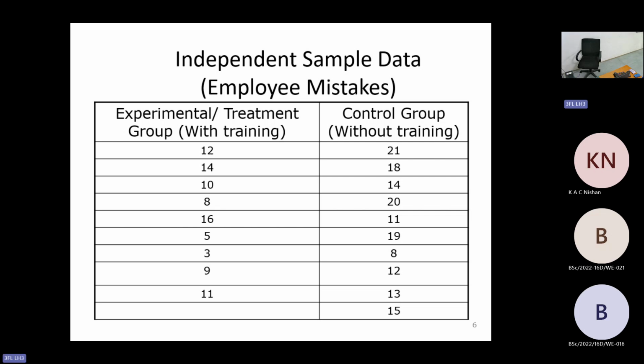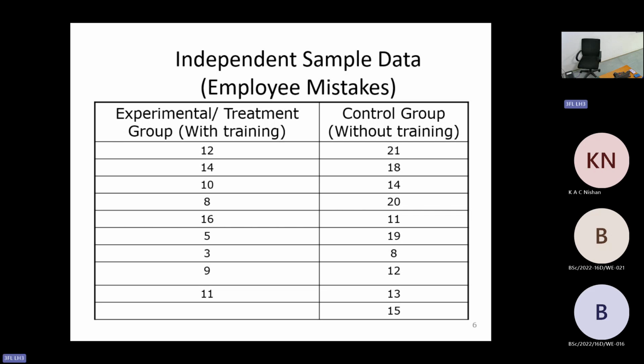9 employees here. Then I give two labels to these two groups. What are the two labels? The experiment group, or the treatment group, and the control group. Just two labels.